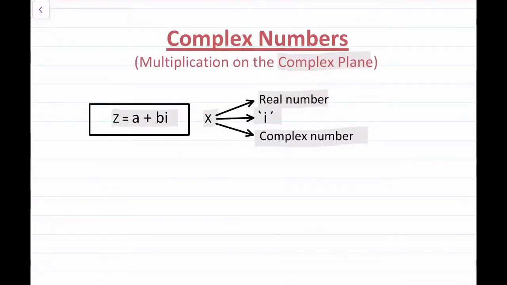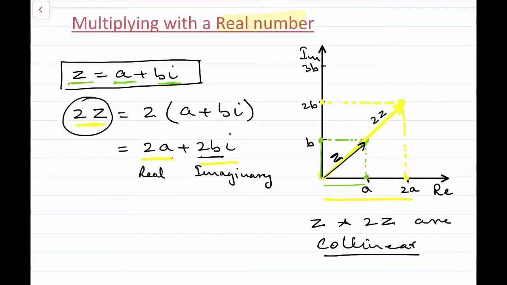So today in complex numbers we discussed multiplication on the complex plane. A complex number can be multiplied with a real number, an imaginary unit, or any other complex number. When a complex number is multiplied by a real number, we get two collinear complex numbers.